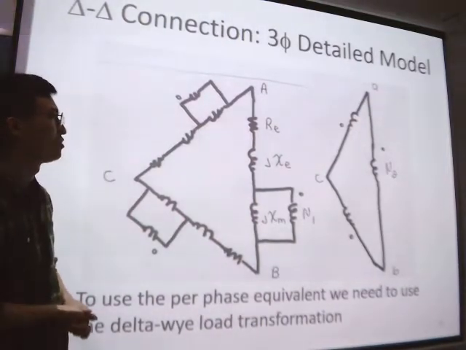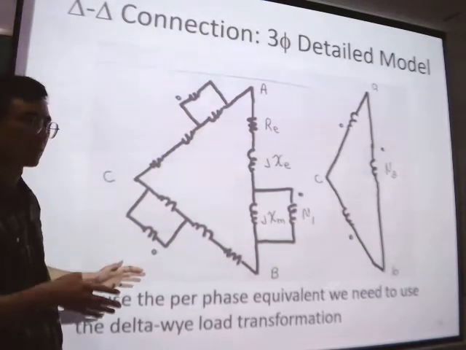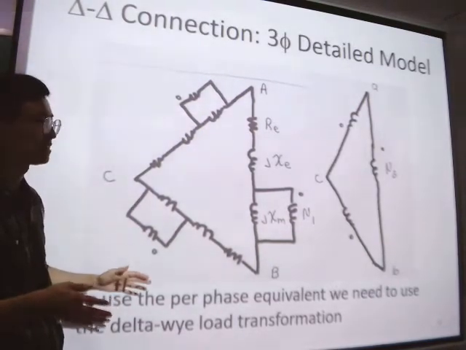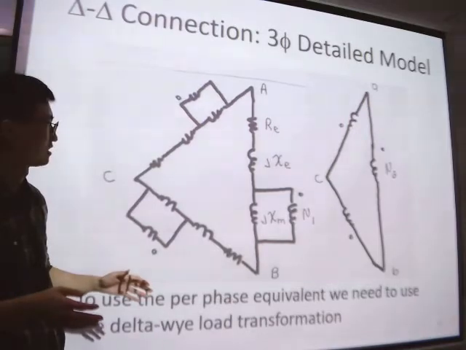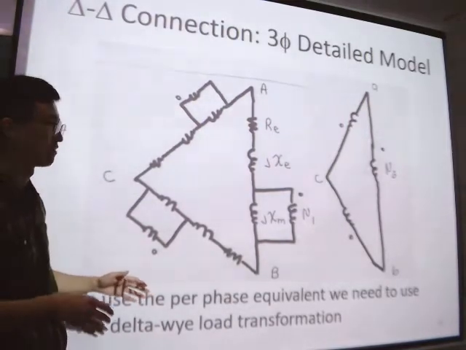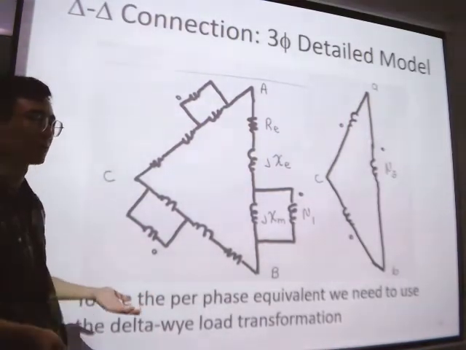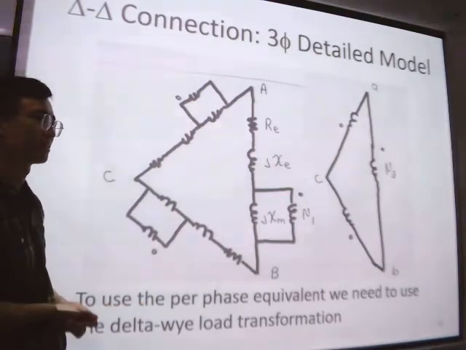Actually, I proved the transformation method of the impedance of each phase from delta to Y in the previous lecture, right?